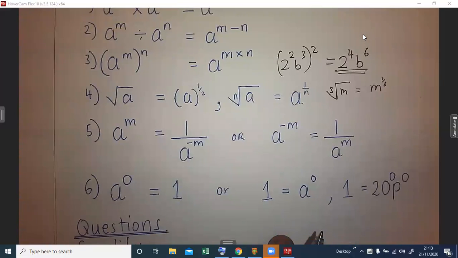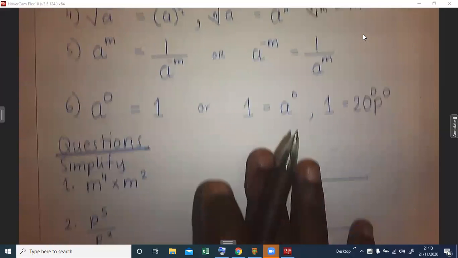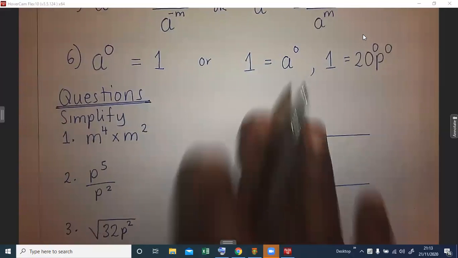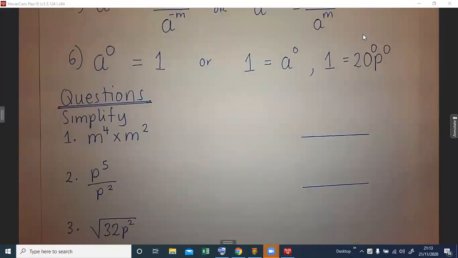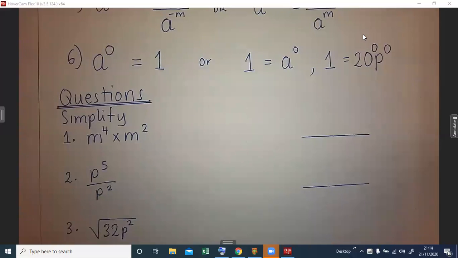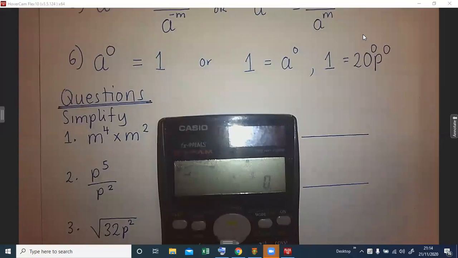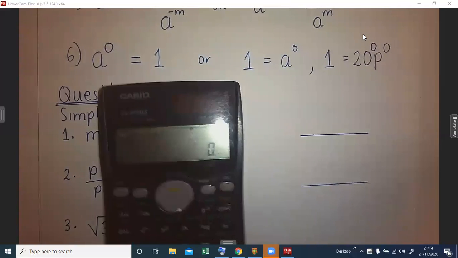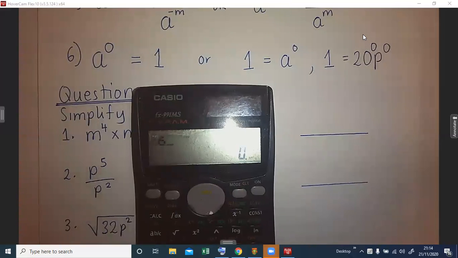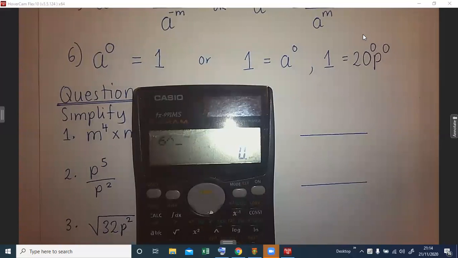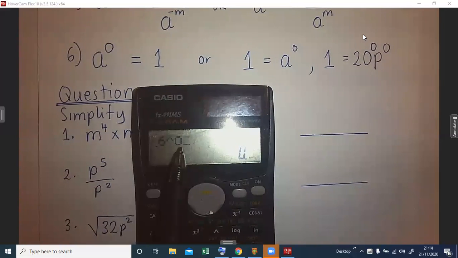Last but not least, if you have got any number to the power 0, it is always equal to 1. Even if it is 1 million to the power 0, it is always equal to 1. We can even test it by using a calculator. If I have 6 to the power of 0, I press the button for answer, it tells me the answer is 1.